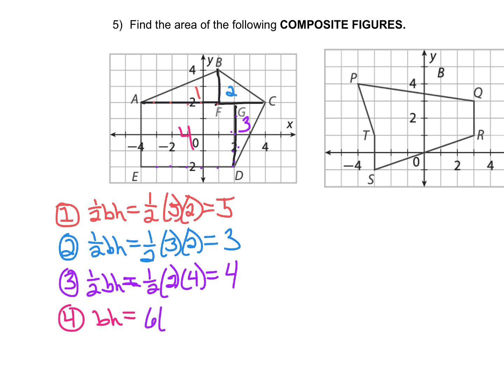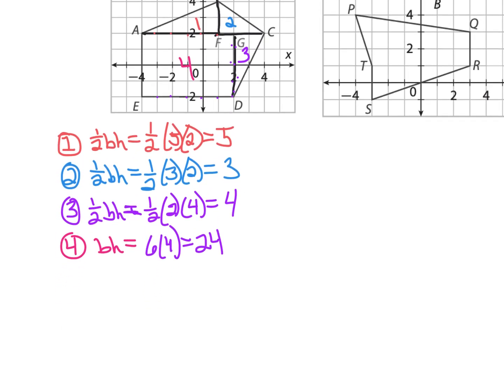The height is 1, 2, 3, 4. Now it doesn't matter which one you call the base and the height because it's multiplication. Order doesn't matter. Now if I add all those together, my area for this composite figure, composite means a bunch of things put together. So I have 8, 9, 10, 11, 12, 36.